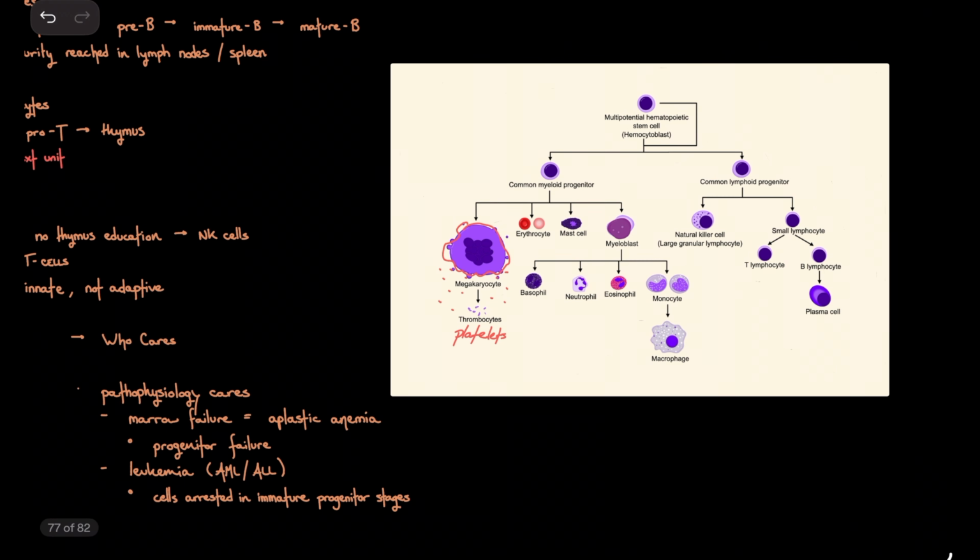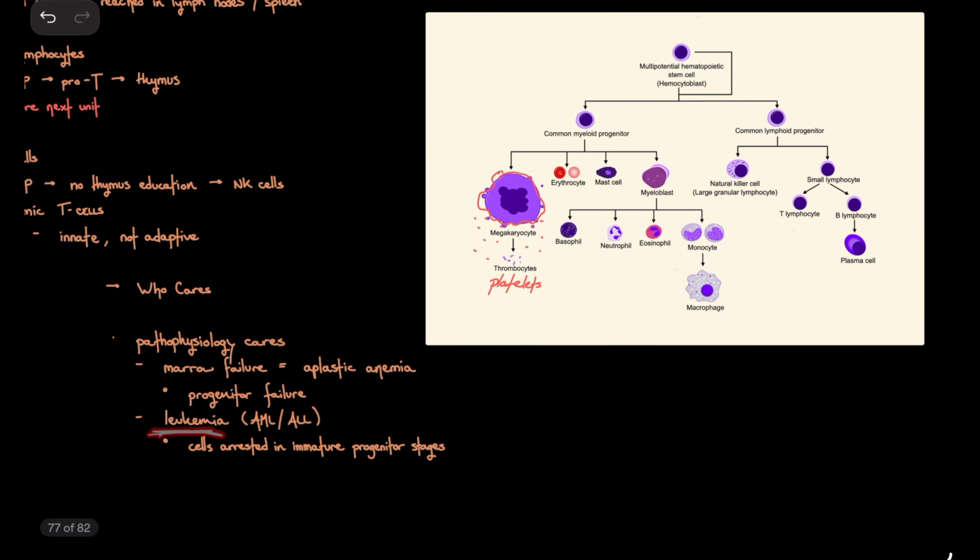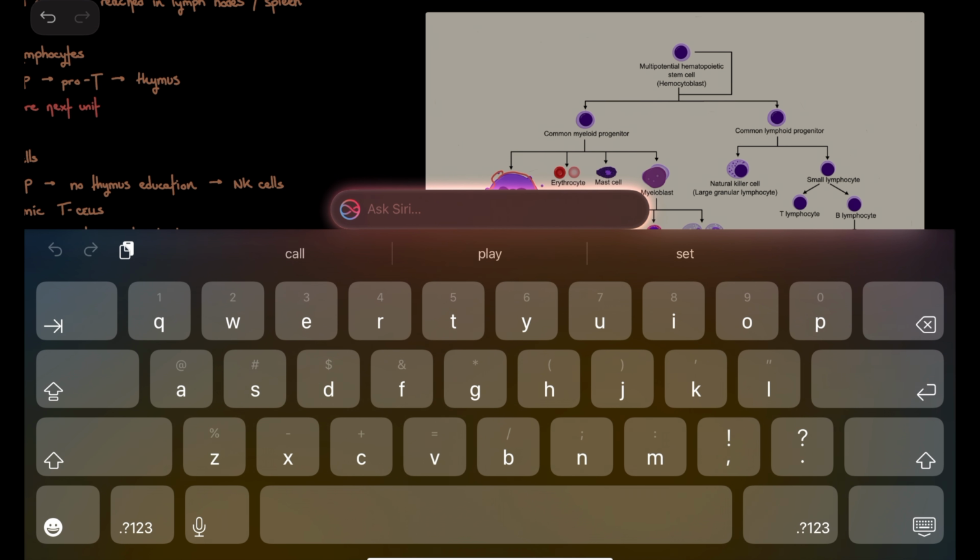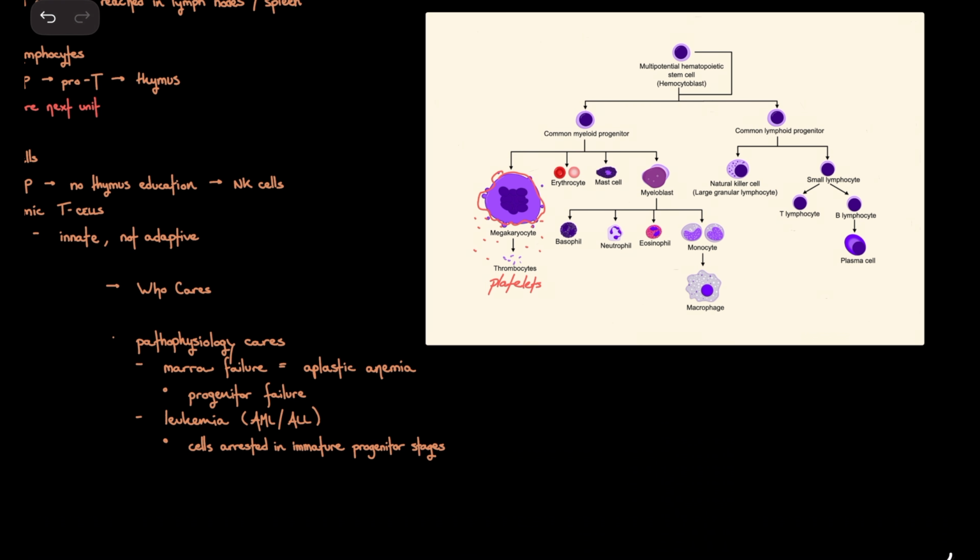So really cool, really cool. We'll talk about leukemia a bunch too. We can have an all myeloid halting or an all lymphoid halting. So that you can imagine is really bad if I'm only stuck up here. Oh my gosh. Then I'm not going to have any functional cells down the river.